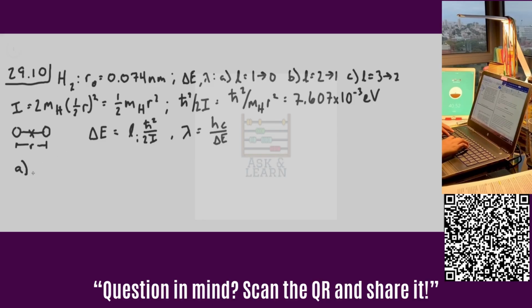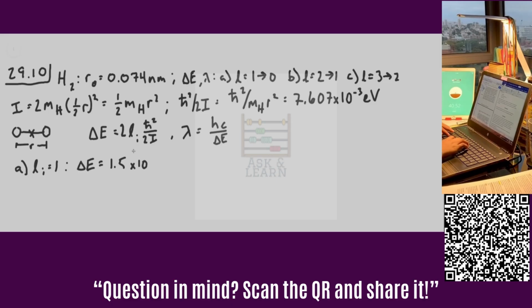So here our L initial is 1, and so just putting that in here, we get the energy is 1.5 times, I'm sorry, there's a 2 here.